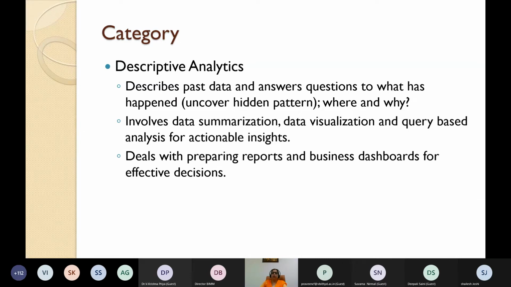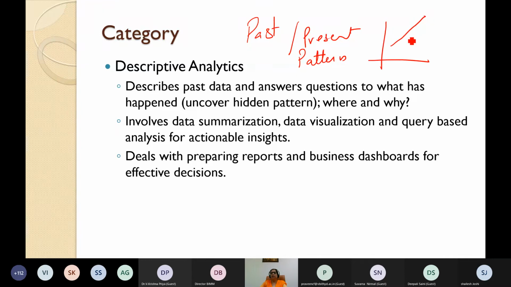This is more about the past data: how you are going to present that data, how you are going to make it in a form where you can see a pattern in the data. For example, you can have the line of best fit, but you can have some cyclic variation in the forecast.